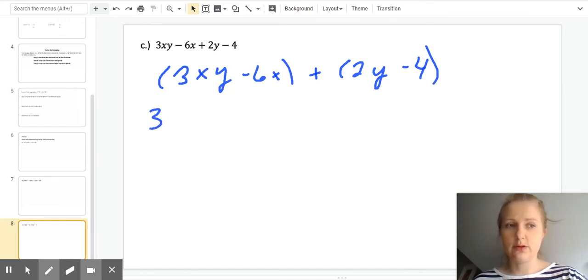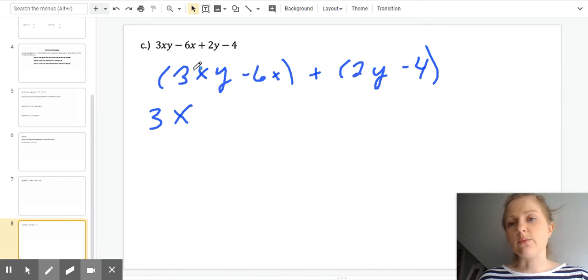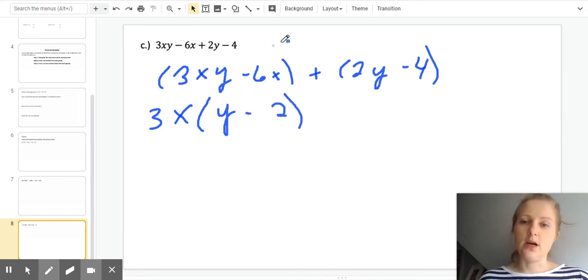So this first one, we have 3x, because both terms, you can factor a 3 out of a 3 and out of a 6. And then we have x's in both terms. So then we're just left with y, because we factored out the 3 and the x. So we're left with a y minus 2. Because 6, we took out a 3, so we're just left with a 2.